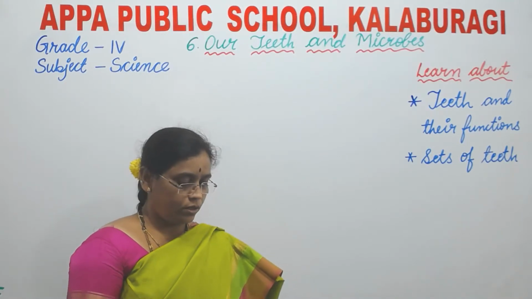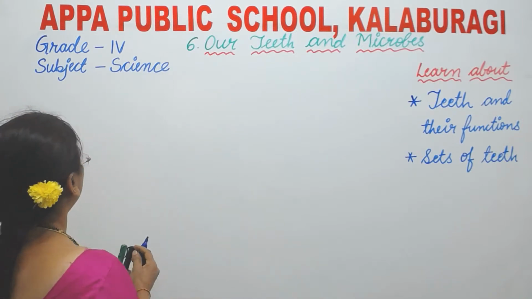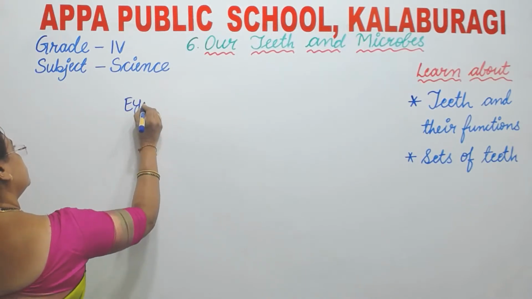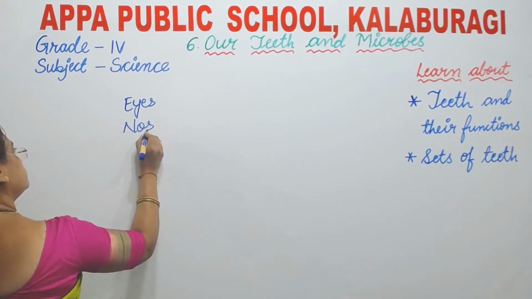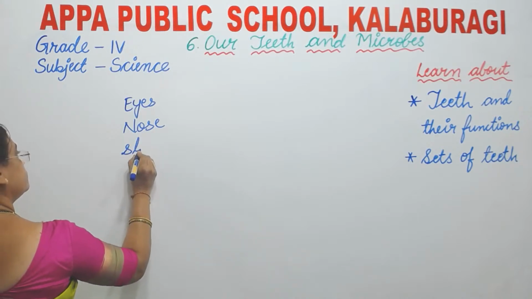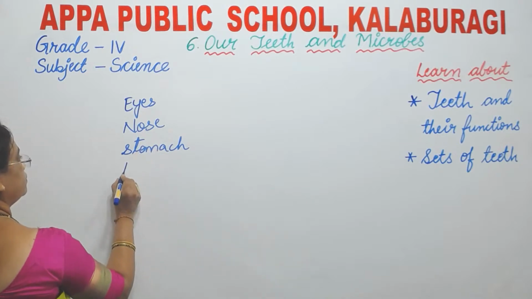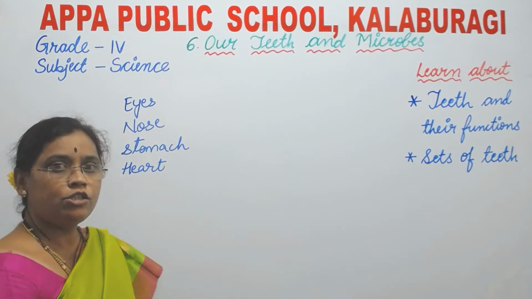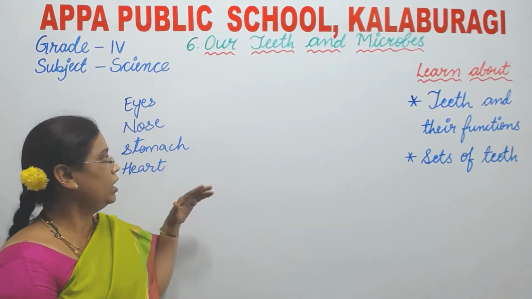Yes, some of the organs are eyes, nose, stomach, heart, and so on. So like this, there are so many organs in our body.